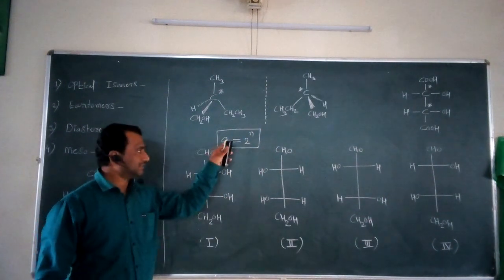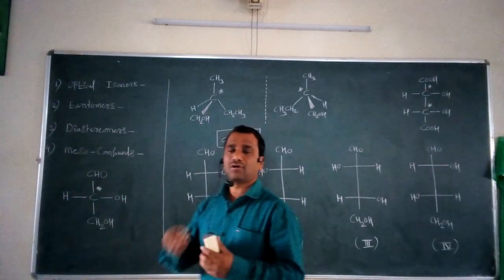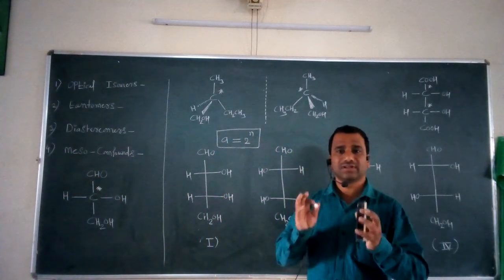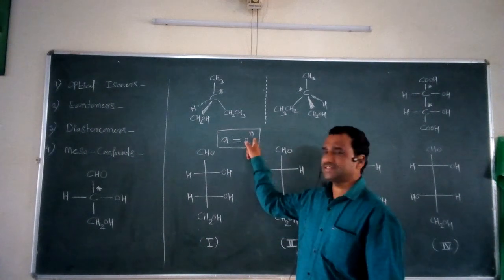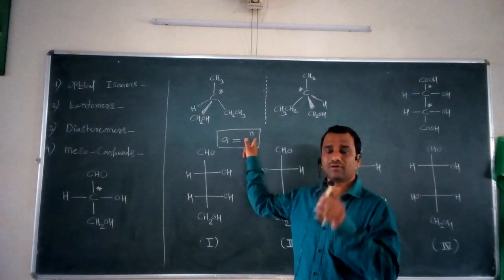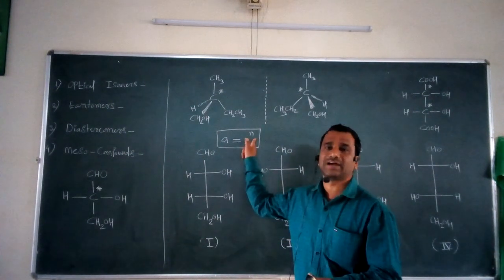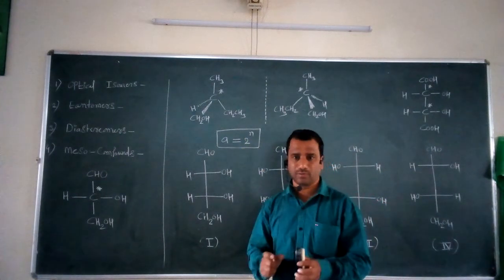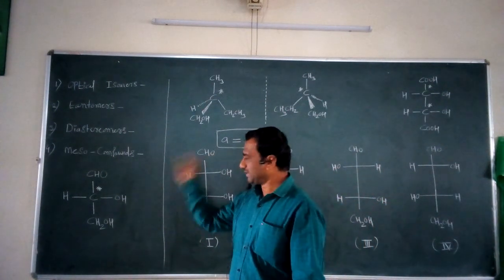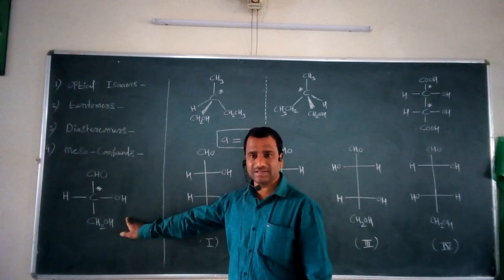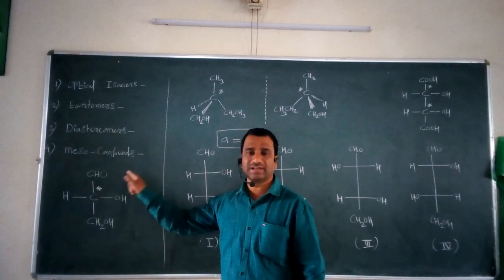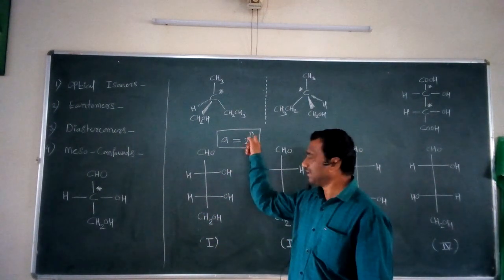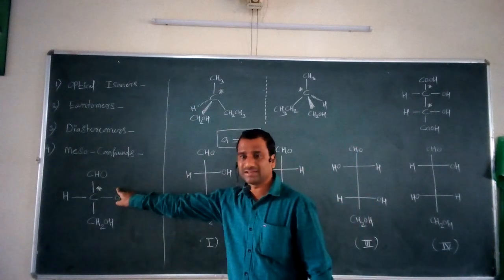In this equation, A stands for the number of possible optical isomers for the given compound, and n stands for the number of chiral centers or asymmetric carbon atoms present in the compound. If we apply this equation to the simple compound glyceraldehyde, how many possible optical isomers are there? The number of chiral centers n is equal to only 1.